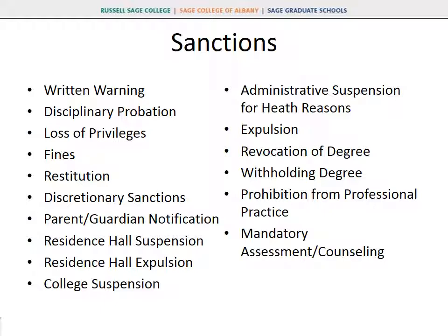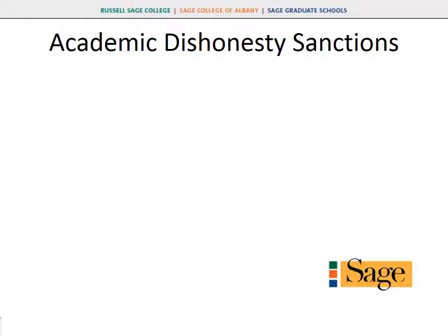Mandatory assessment or counseling. The Student Conduct Administrator may order a student to participate in psychological counseling or assessment, either on or off campus. Failure to attend or actively participate in good faith in counseling sessions may warrant the imposition of additional or different sanctions. Academic dishonesty sanctions.